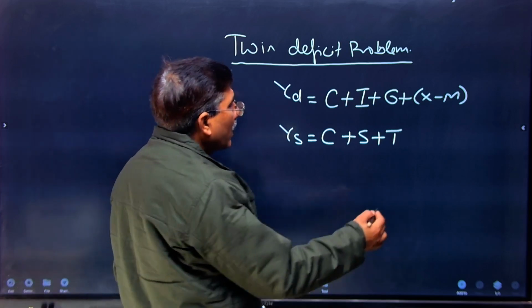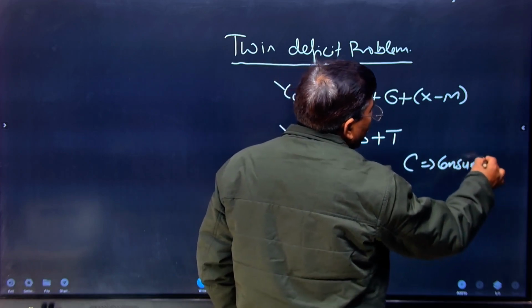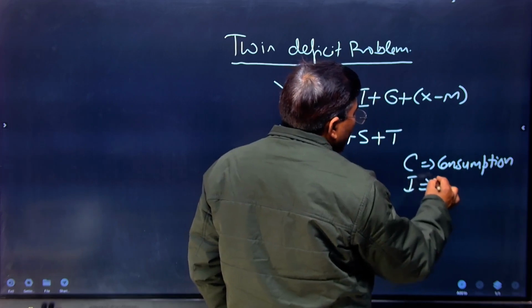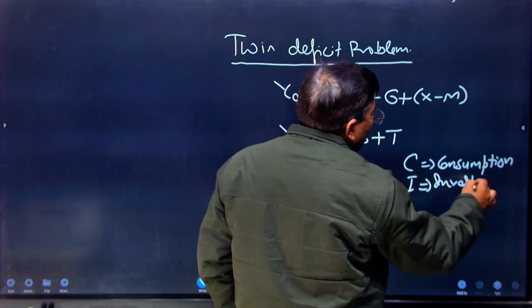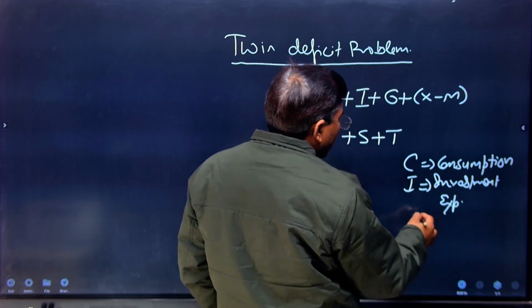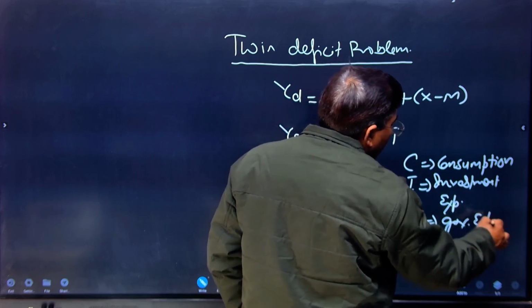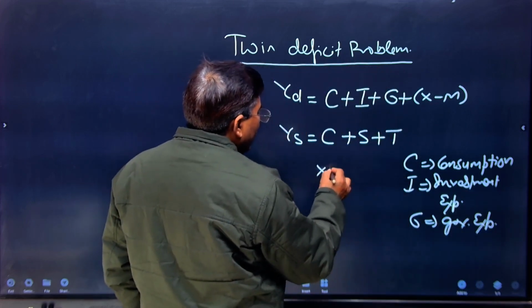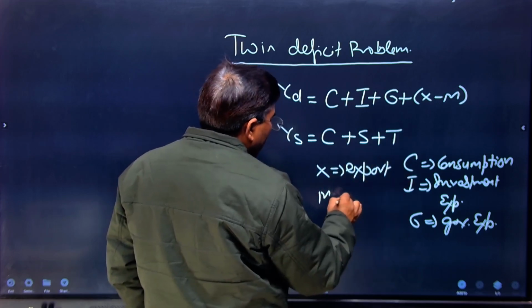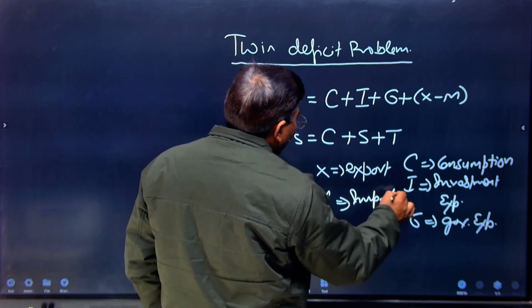If you are clear about the concept, C stands for consumption expenditure, I represents investment expenditure, G is government expenditure, X represents export expenditure, M represents import expenditure.